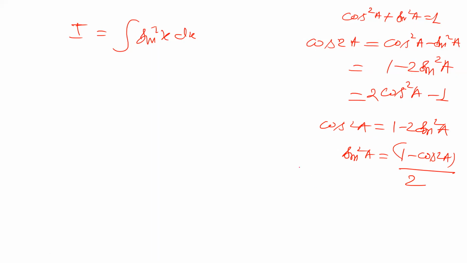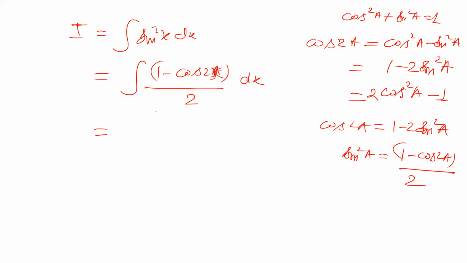Here my variable is x, so we have to write it in x only: sin square x is 1 minus cos 2x by 2, dx. Then it is very easy to find out, right?